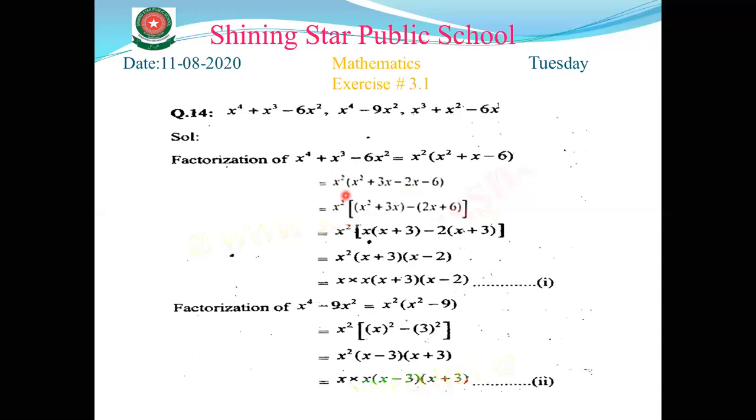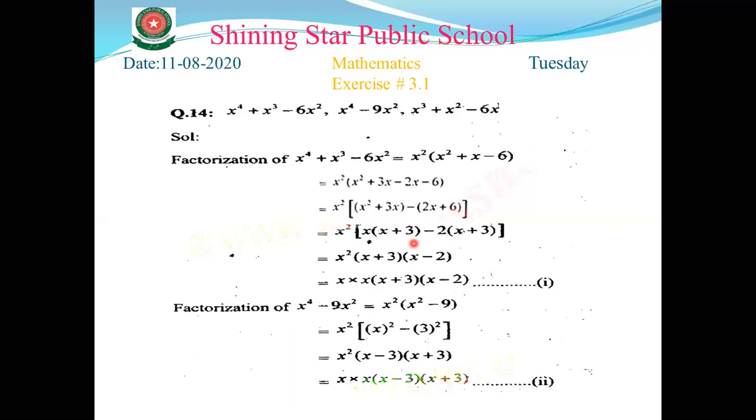Now combine the first two terms and the last two terms. When we combine the first two terms, it will give you x^2 plus 3x, and from the next two terms, first of all take the common minus 2, so you will get 2x plus 6. Now from the first term, when we take the common x, it will give you x plus 3, and from the next two terms, take the common minus 2, and it will give you x plus 3.